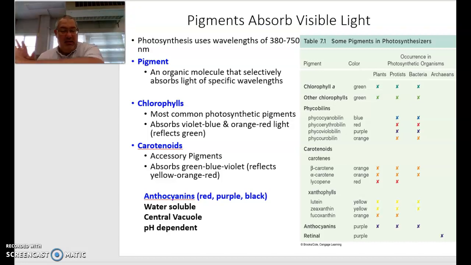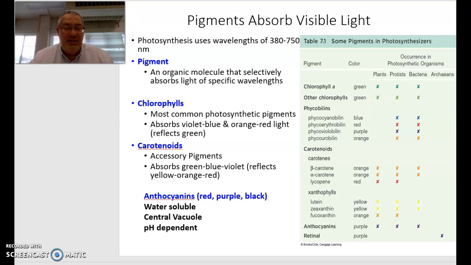We have the pigment melanin, a brownish to blackish colored pigment in our skin cells that helps our skin protect it from ultraviolet damage. In plants, you do not find melanin. You find typically chlorophylls and carotenoids in the chloroplast. Chlorophylls reflect green wavelengths of light and absorb blue to violet and orange to red at the opposite ends of the visible light spectrum.